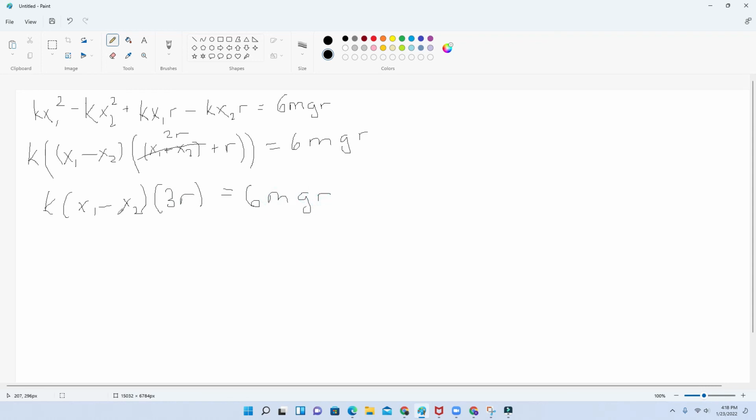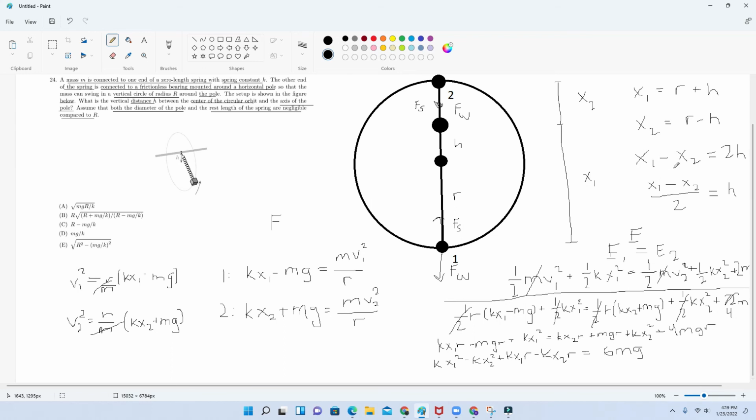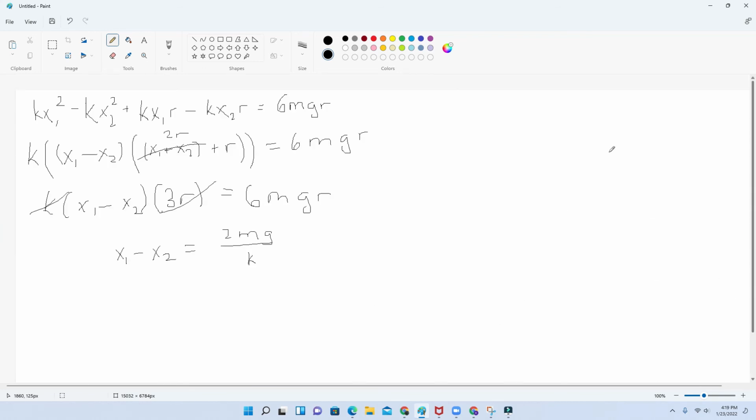Now dividing everything else on the left-hand side to isolate x1 minus x2, we ultimately get 2mg by k. And that's good, because as we said here, that's what we wanted to find. But we have that h is equal to x1 minus x2 by 2.